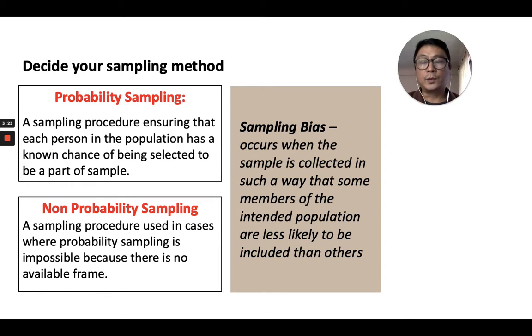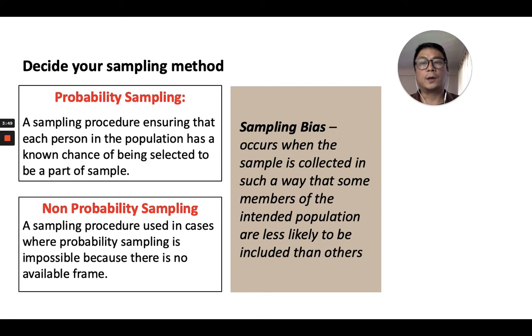Okay. There are two ways that we can do sampling. One is probability sampling, and the other is non-probability sampling. The difference is that in probability sampling, we have a list, a sampling frame, and we are able to determine the probability of a member of that population to be selected to be a part of the sample.